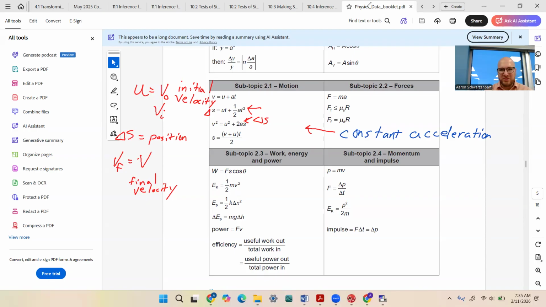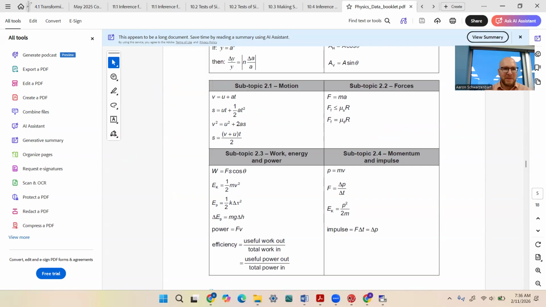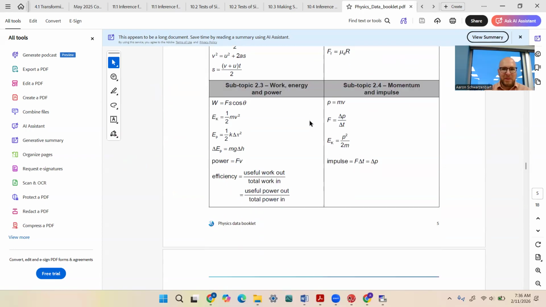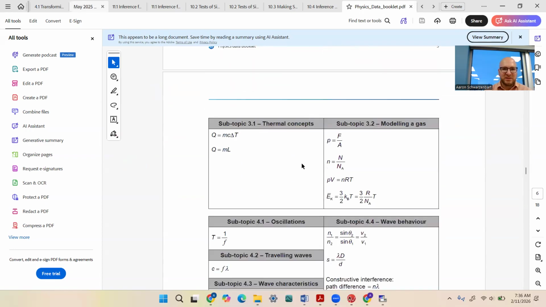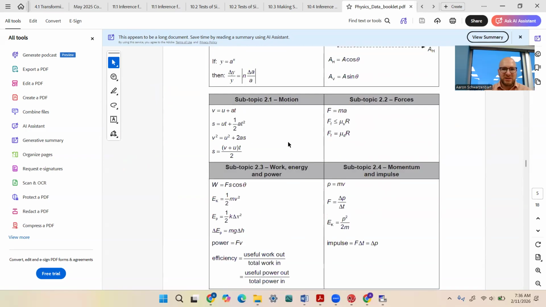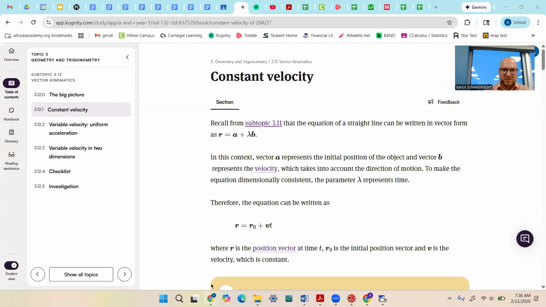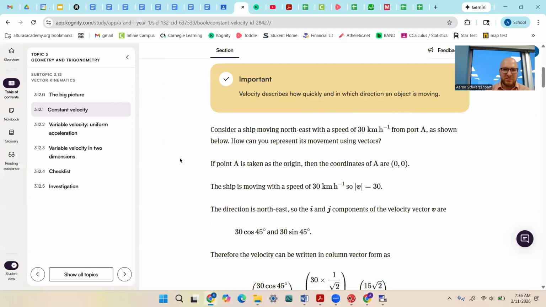If you're going to do those, which you might have to, you have to do some calculus. It's not terribly hard calculus. That's some of the easiest calculus. So those are our constant acceleration equations. Those are probably the only ones that you really need out of this physics booklet, but those ones are pretty important.